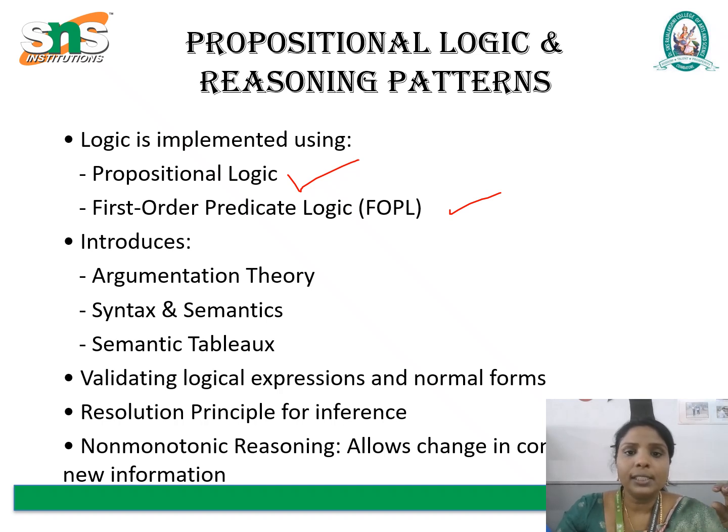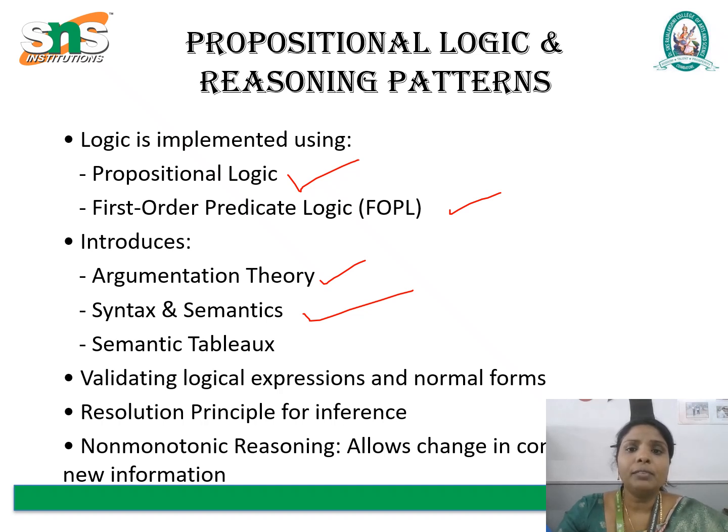As part of logical reasoning, artificial intelligence also introduced argumentation theory, which studies how arguments are formed and evaluated. To understand logical expressions clearly, we can use syntax and semantics. Syntax is the rule of structure, and semantics means the rule of meaning.